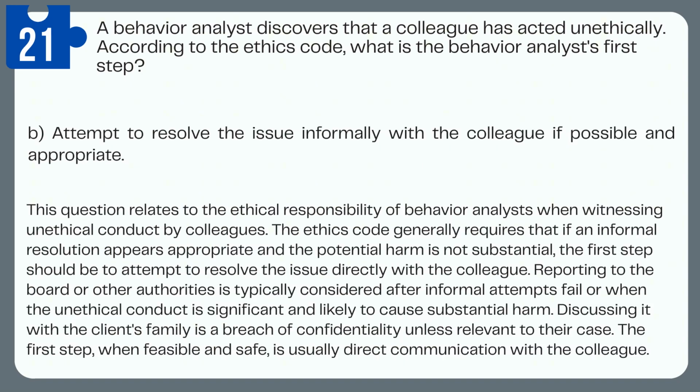Answer. B. Attempt to resolve the issue informally with the colleague if possible and appropriate. This question relates to the ethical responsibility of behavior analysts when witnessing unethical conduct by colleagues. The ethics code generally requires that if an informal resolution appears appropriate and the potential harm is not substantial, the first step should be to attempt to resolve the issue directly with the colleague.